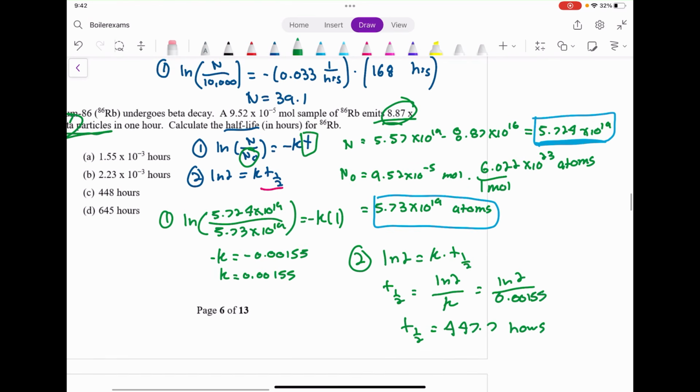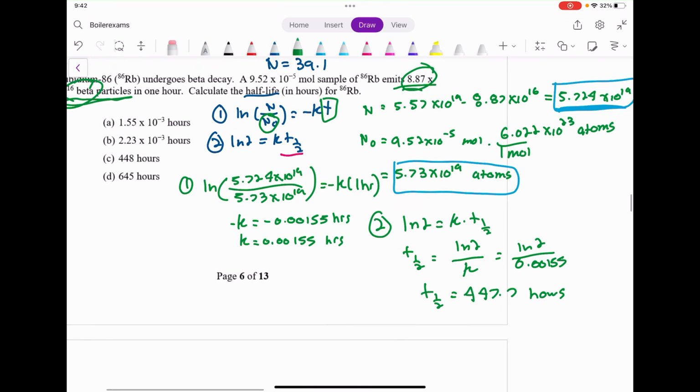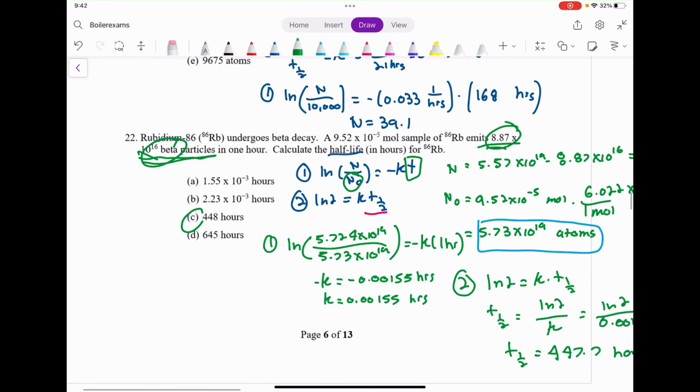I didn't track the units in this problem, but this one right here was 1 hour, which made this into hours. Anyways, it's hours. I'm not going to beat that over the head.